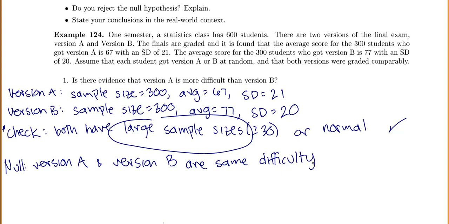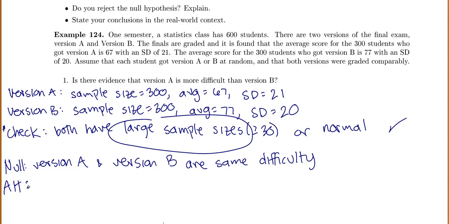That would mean that, yes, we did see some differences in the averages, but they're the same difficulty and the differences were just due to chance, because you always have some chance error that comes into play. So this whole test is telling us, is that 10-point difference just due to chance error? Or is maybe version A really easier than version B? So the null is that they are the same difficulty, and that any difference is just due to chance.